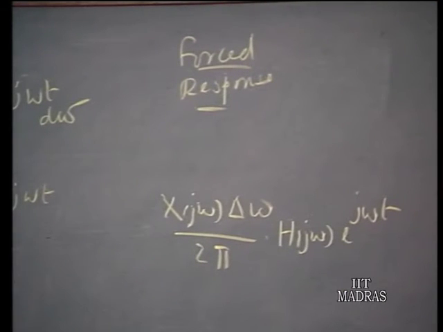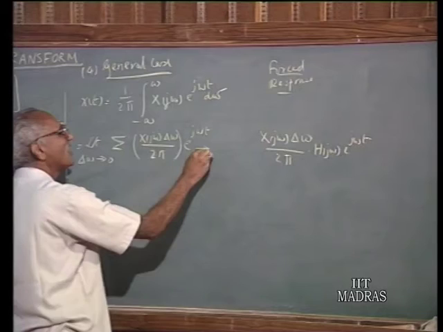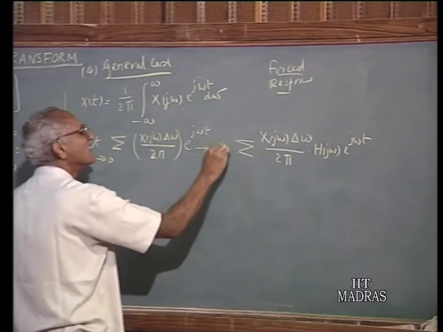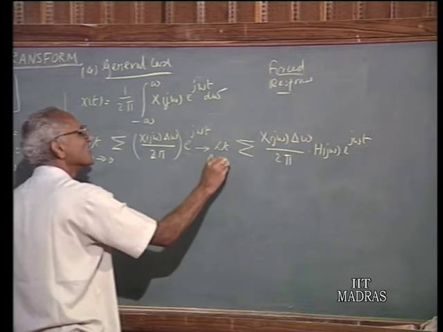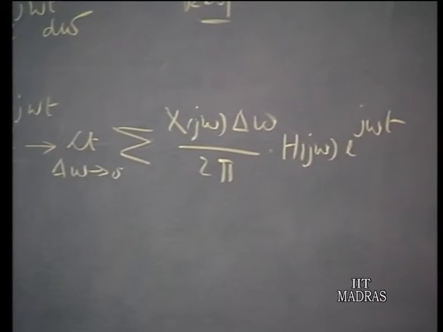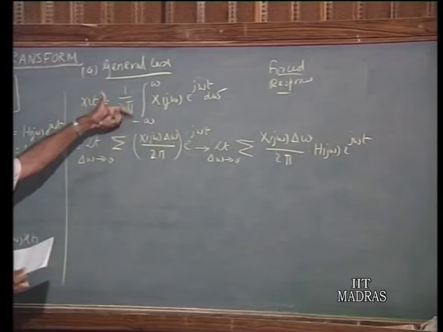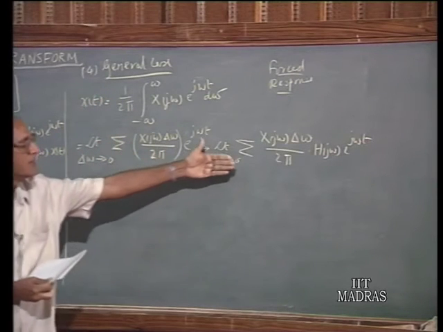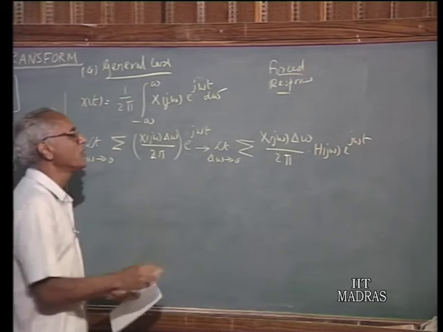This is the response for a single term, but we have a whole lot of such terms, in the limit as delta omega goes to 0. Since this integral is viewed as a limit of such quantities, the limit of such quantities can also be viewed as an integral.